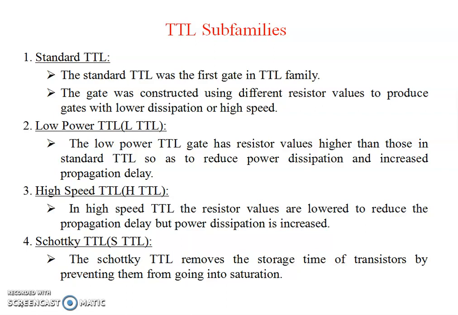The Schottky TTL removes the storage time of the transistor by preventing it from going into saturation. It means that the speed of operation increases without much power dissipation in Schottky TTL.